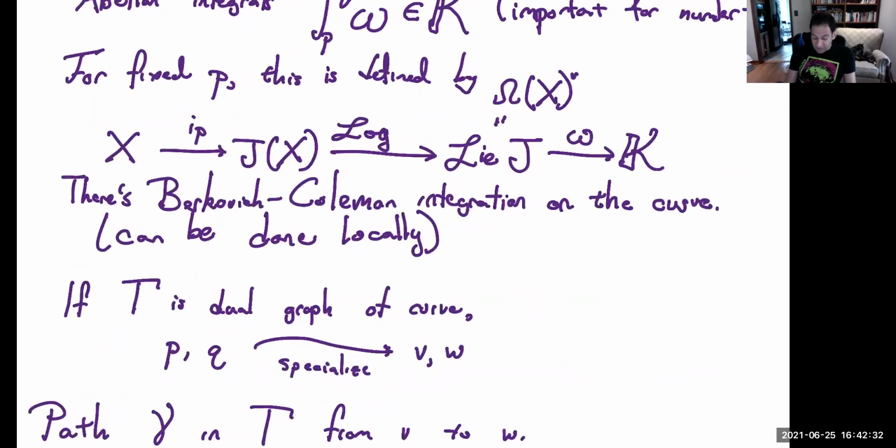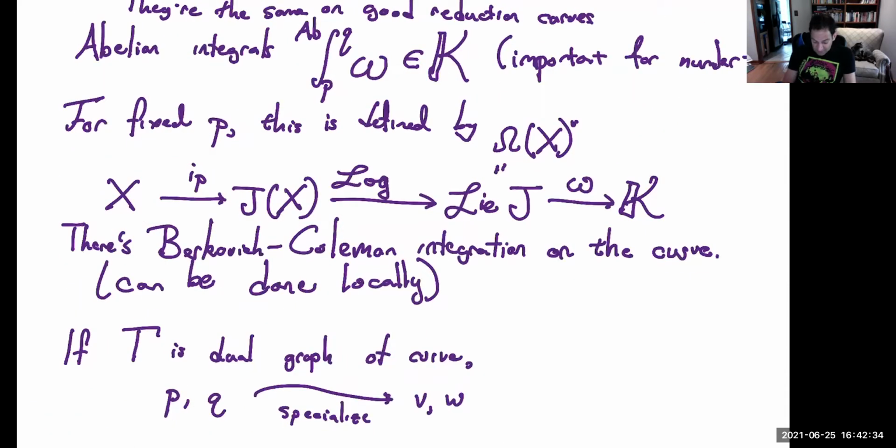And the way it's defined is the following. You have your curve, you map it to its Jacobian by the Abel-Jacobi map, and then you take the log. And the amazing thing is, p-adically, the log is a single valued function. It's not an analytic function, but it makes sense everywhere in the Jacobian.